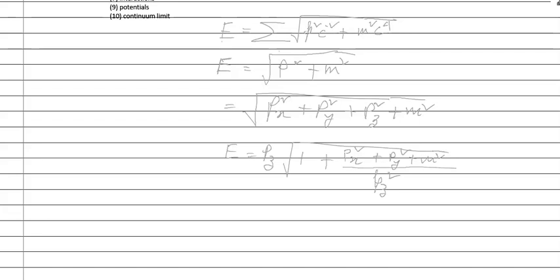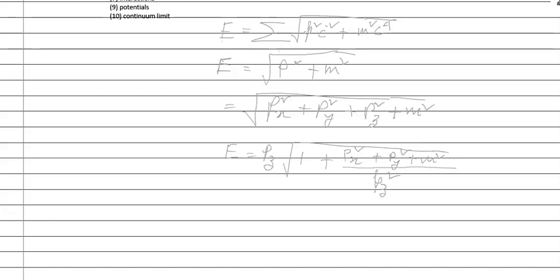If we brought the p_z inside, the square root would have to be squared, it would be p_z squared, and then it would cancel this p_z squared.